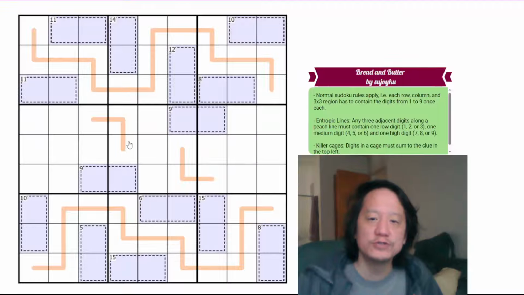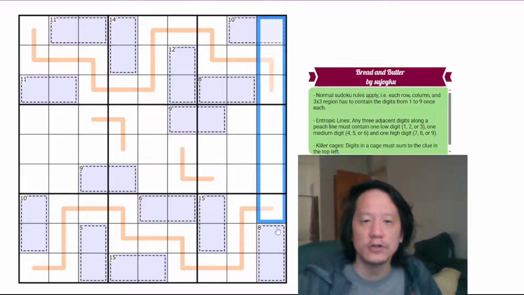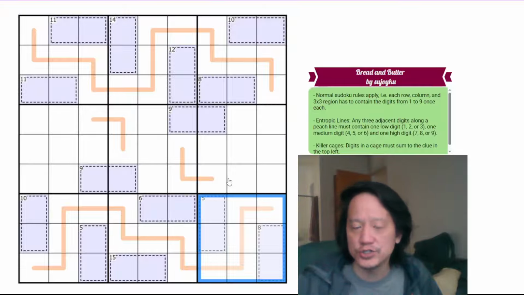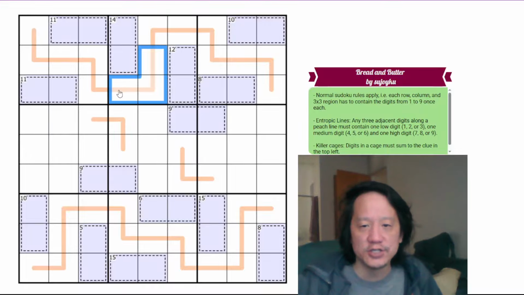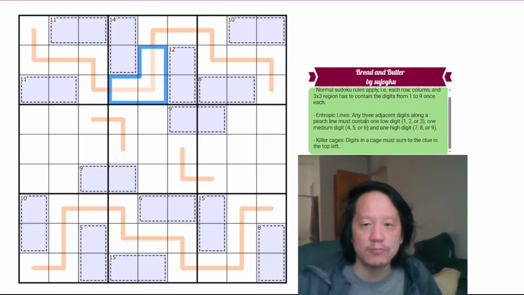Normal Sudoku rules apply, that is, each row, column, and 3x3 region has to contain the digits from 1 to 9 once each. We have entropic lines, where any 3 adjacent digits along a peach line must contain one low digit, 1, 2, or 3, one medium digit, 4, 5, or 6, and one high digit, which is 7, 8, or 9.